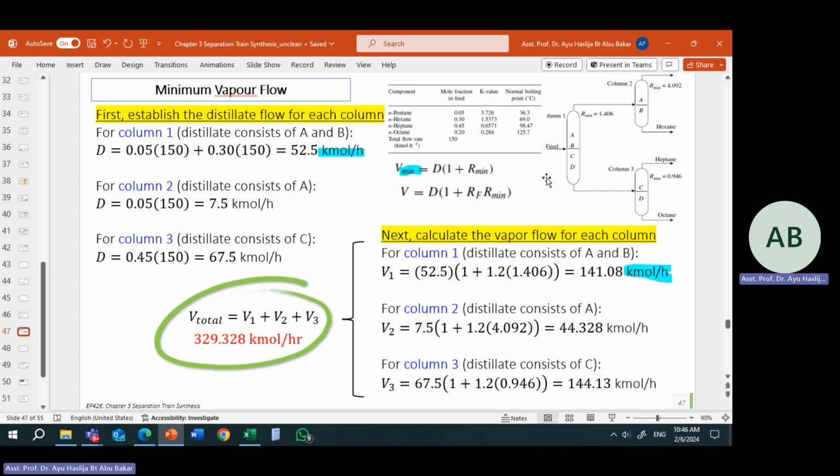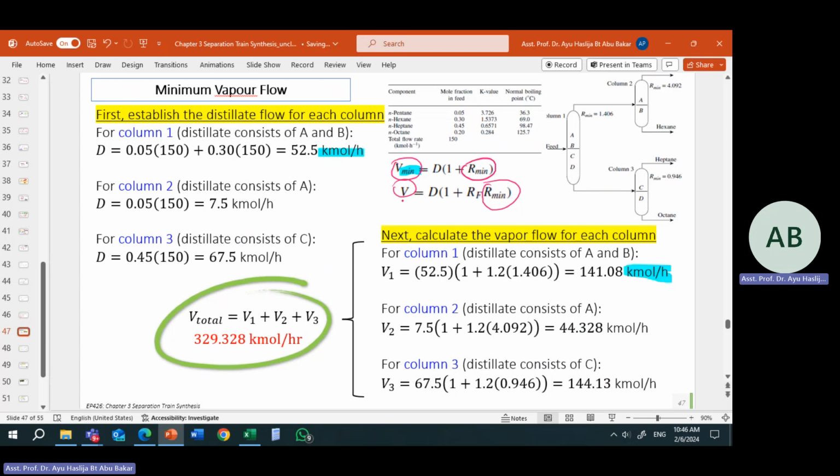Once you have calculated the R min, you will use the value here to find the minimum vapor load. So that R min will be used in this equation.